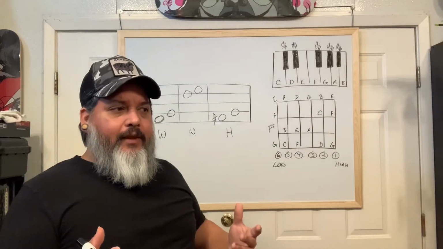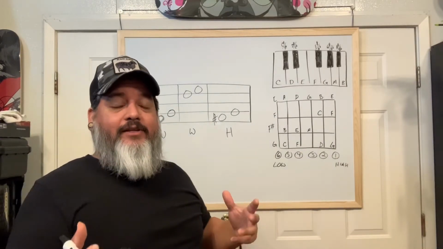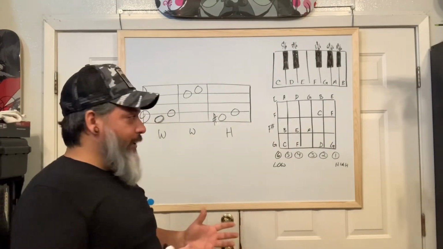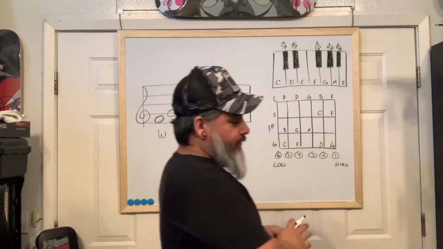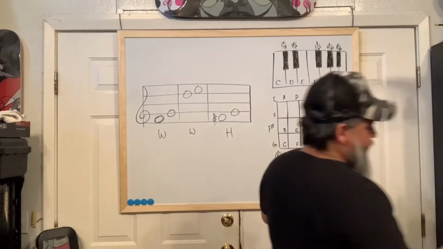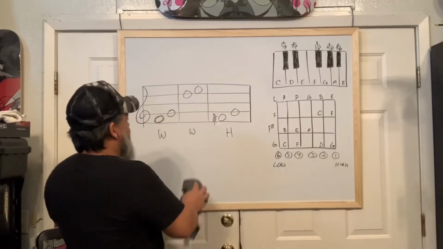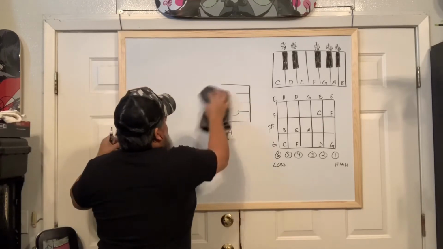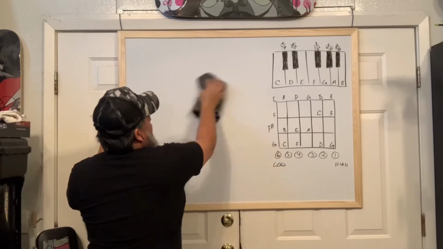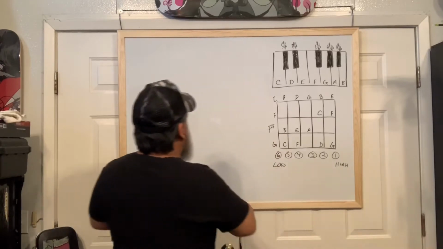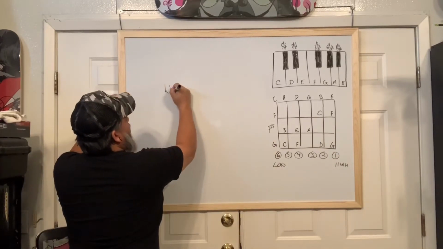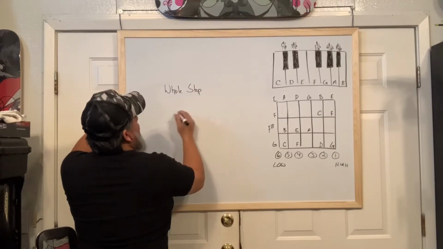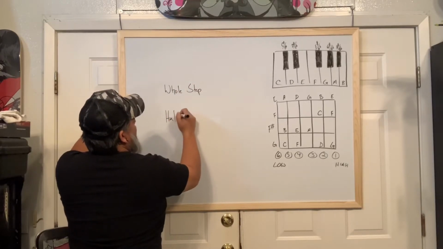Now, synonyms. Different words, same meaning. Let's talk about these synonyms that we're going to start using in this next lesson. The synonyms I want to start using are between half step and whole step. So say whole step and half step.